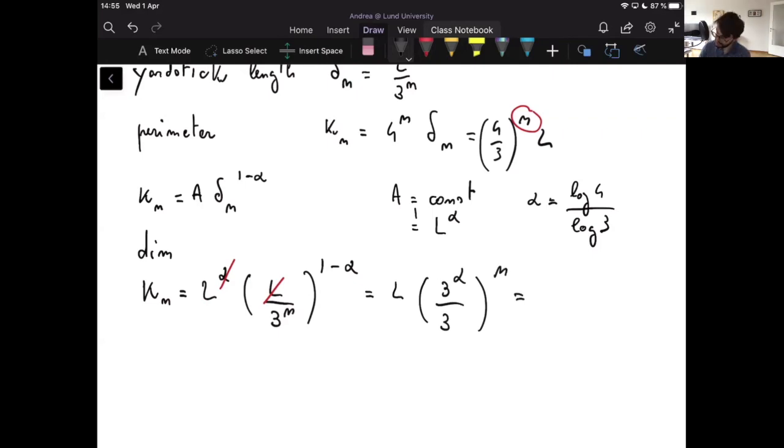So it's already boring as it is. So this is given by 3. If I substitute alpha here, this is logarithm of 4 divided by logarithm of 3, divided by 3 to the n. And this is equal to L, again, and 3 to the power of logarithm of something is given by the argument of that something.